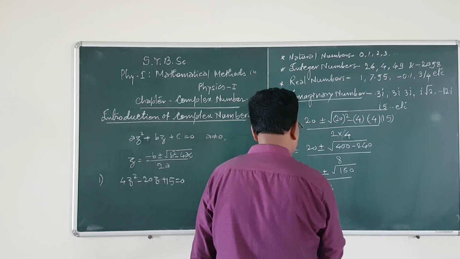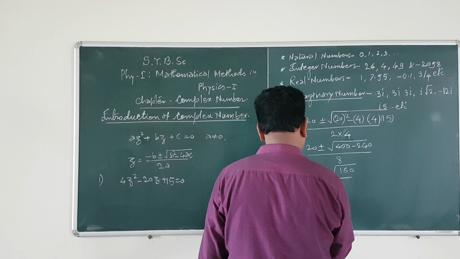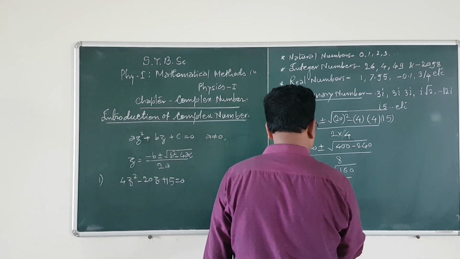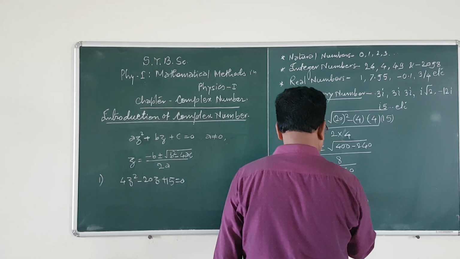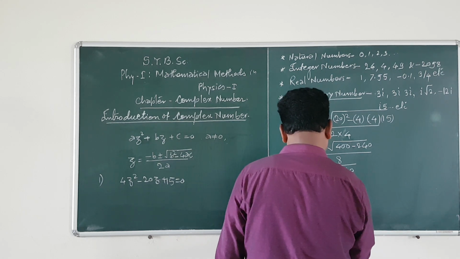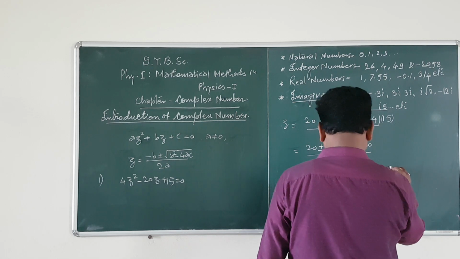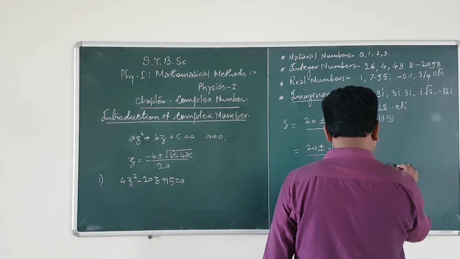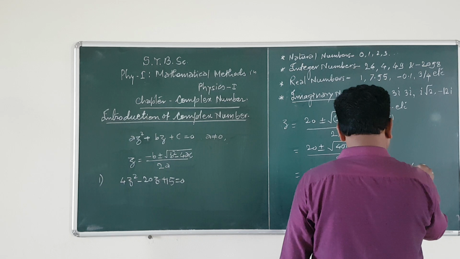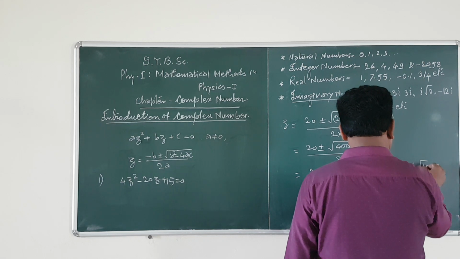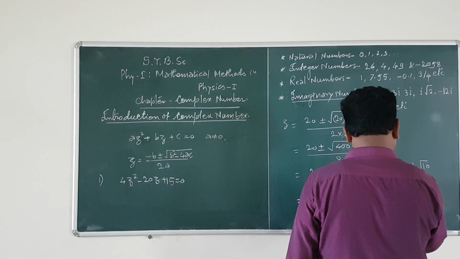After solving this term, we will get 20 plus minus root 16 into 10 upon 8, and then 20 plus minus 4 under root 10 upon 8.